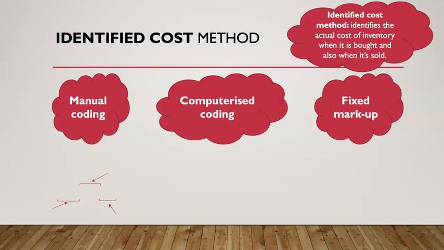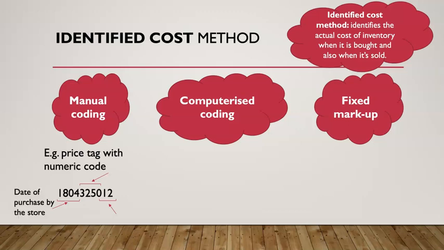How do we actually identify the cost price if we're using the identified cost method? We need to do some work to actually identify the cost and put in processes to know when we sell it what the cost was. These are the ones that you learnt about typically in the first video. You could do manual coding, so put it into the price tag. So for example here, this might say that the date of the purchase was 18th of April, and the cost price was $32.50.